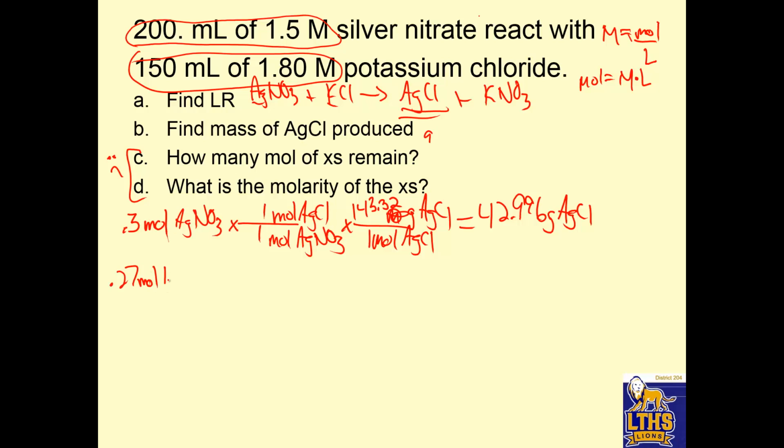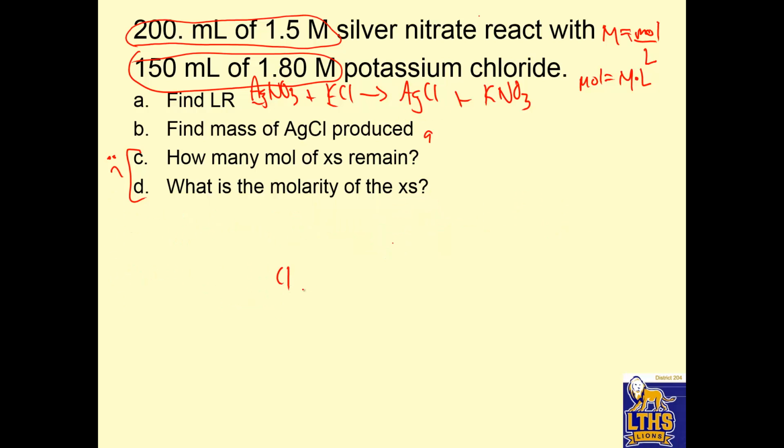And the other one was 0.27 of KCl. 1 mole KCl and 1 mole of AgCl. I'm converting that into 143.32 grams as well. And 1 mole. So let's see if I can get this to come back. Probably can't. This is 0.3 moles.